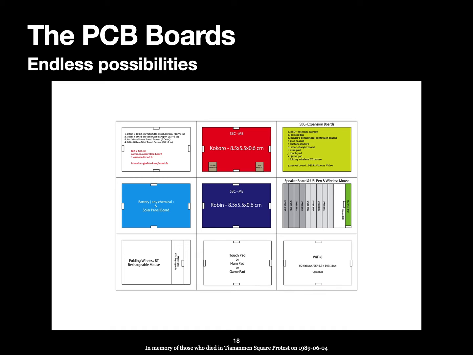These expansion boards can be either external storage made of SSDs, or a cooling fan, or they can be expansion boards with all kinds of makers connectors on them, or they can be the Pico boards, or they can be the input devices that we talked about previously.